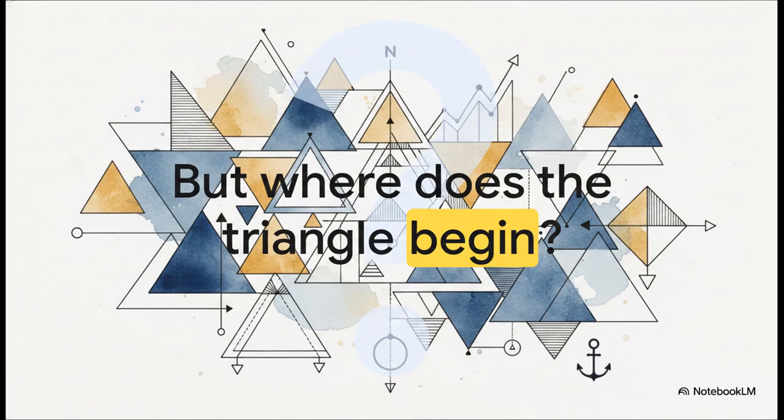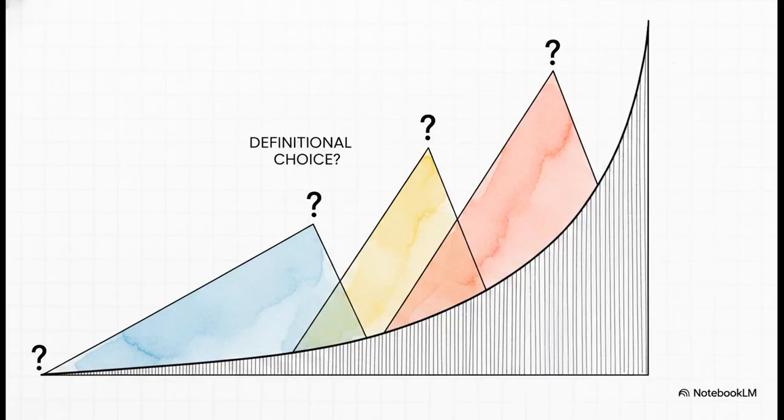Well, it changes everything. And this slide illustrates the problem perfectly. As the source material points out, choosing the anchor point is a definitional choice. It's not a fact of nature. If you just shift that starting point a little bit, suddenly the size, the duration, the angle of your triangle, it all changes. And of course, that means every single projection you make from it also changes dramatically.